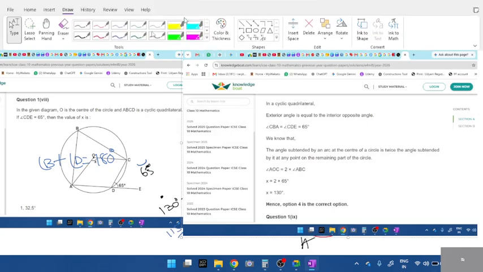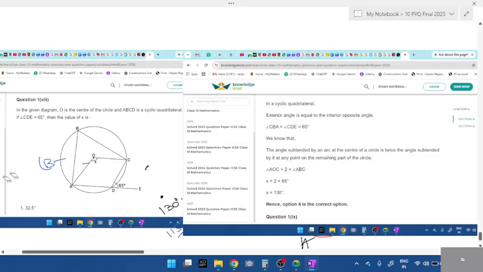Yes. Compare the diagram, students. Go through the solution, what they have given. It's a one mark question. We don't need all that. If you're able to find the answer, that is enough.